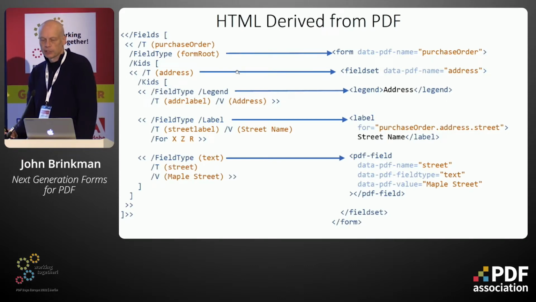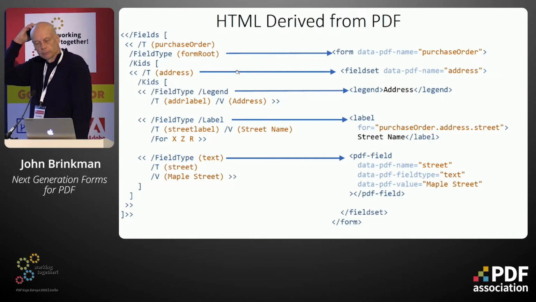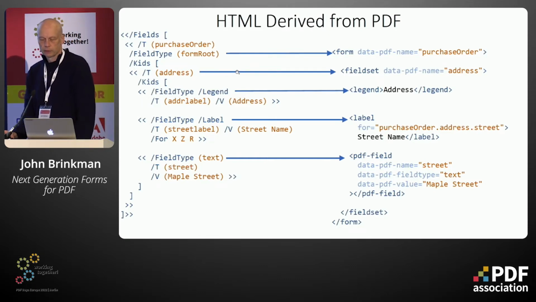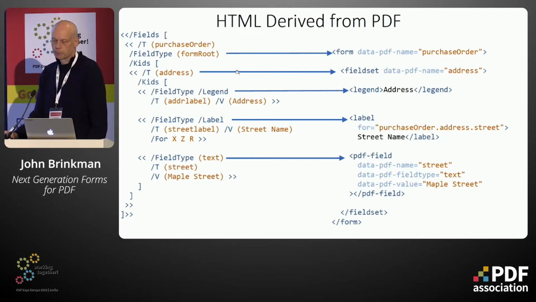And then I've got a legend and a label that map to the corresponding HTML elements. And in our implementation, we're mapping fields into custom components in HTML, right? We find it's a much easier way to deal with the content in a uniform way, and let our JavaScript libraries expand those into the right kinds of widgets.